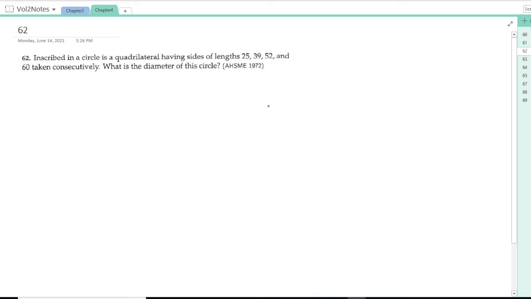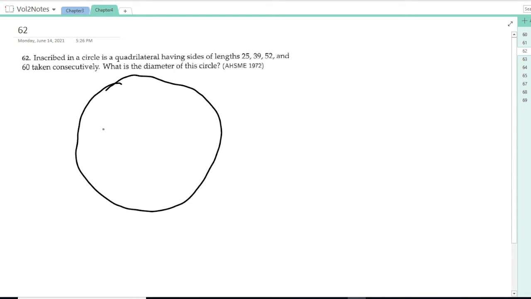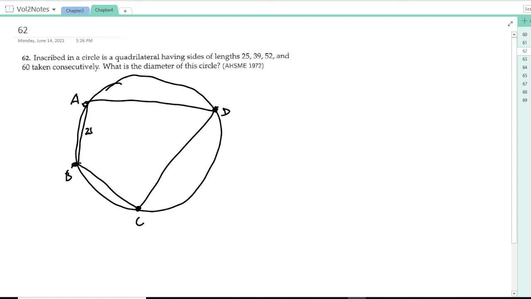Next is problem 62. We have a quadrilateral inscribed in a circle, with sides 25, 39, 60, and 52. Let's label it A, B, C, D, so we have 25, 39, 60, and 52.